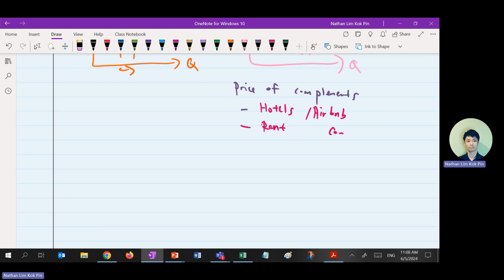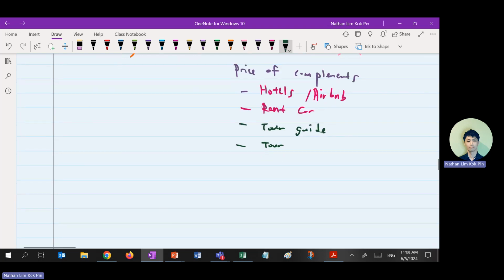I just write rent car. Do we need to rent a car? Depends. Maybe we need a tour guide. Maybe we just need the tour itself. Maybe theme parks. Maybe the bars, the pubs.